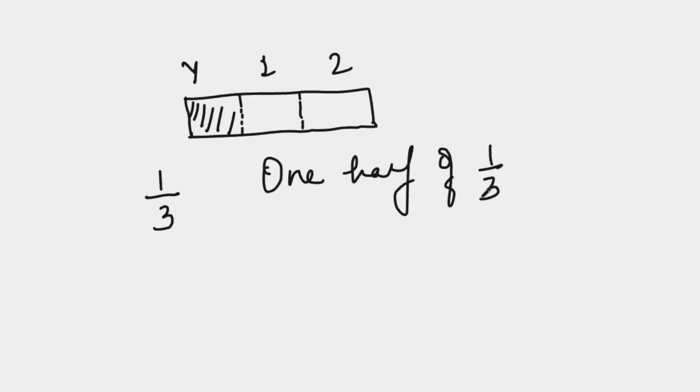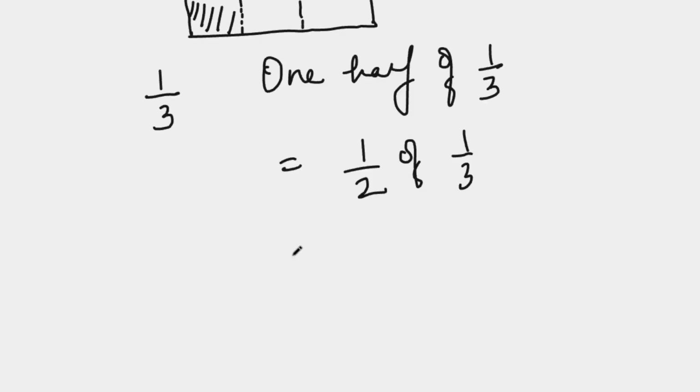And you have 1/3, right? So now numerically it will be written as half of 1 by 3. Half of 1 by 3, and in proper mathematical format it will be written as multiplication of fractions. So 1 by 2 multiplied by 1 by 3.